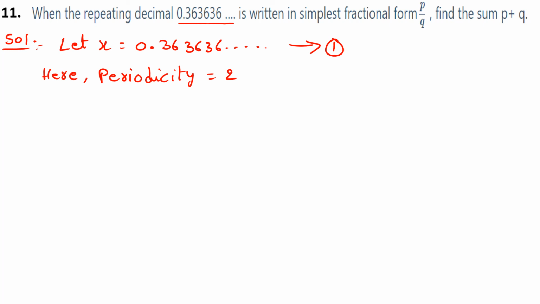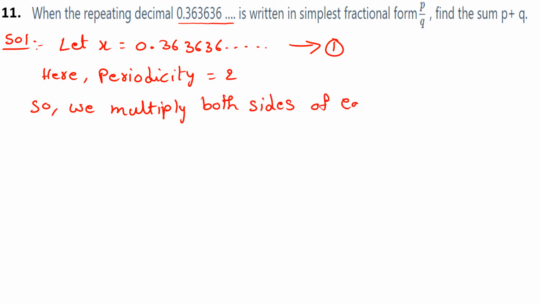So we multiply both sides of equation 1 by 100.